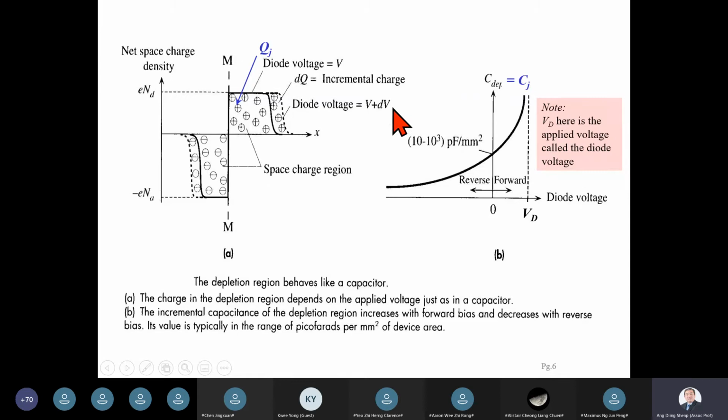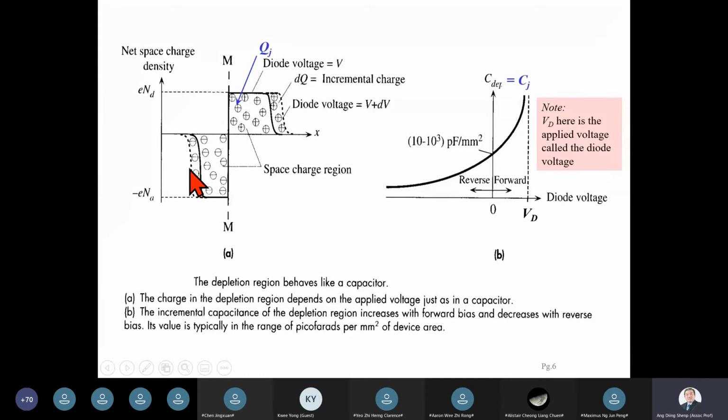And for a given change in the voltage, the change in the space charge at the edges of the depletion region will be greater. Because for a given change in the voltage and a smaller W, the change in electric field across the space charge region will be higher, corresponding to a greater change in the space charge at the edges of the depletion region.